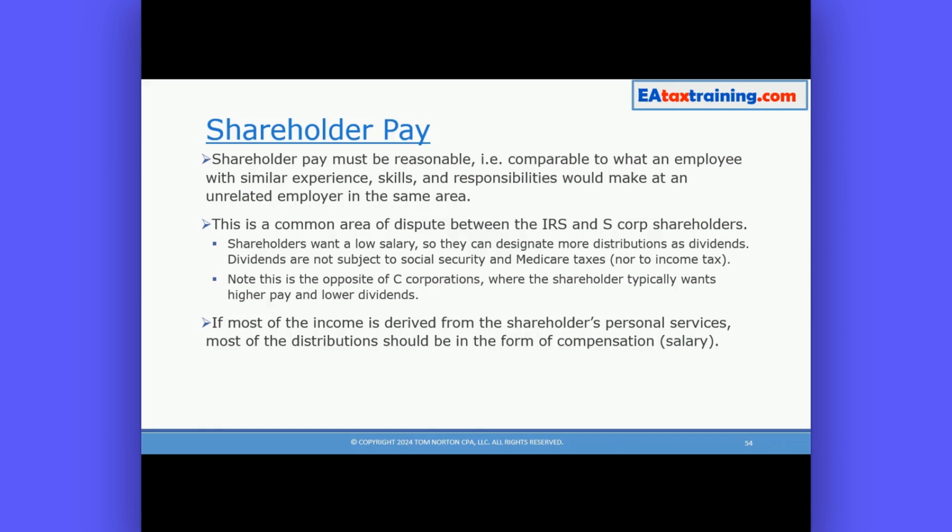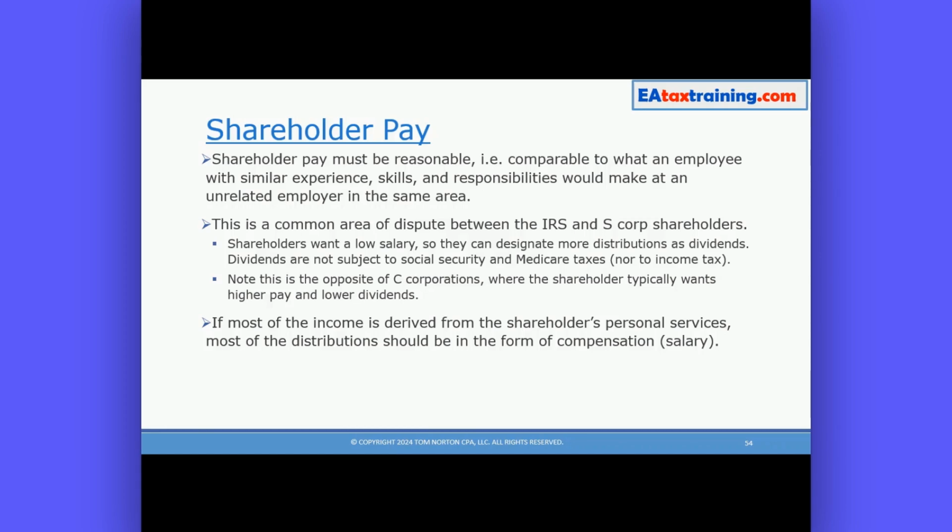So it's the opposite situation. What you end up with in an S corp is the taxpayer arguing that their salary should be lower, and the IRS arguing that their salary should be higher. And with a C corp, it's the opposite. The shareholder employee is arguing that their salary should be higher, and the IRS is arguing that it should be lower.